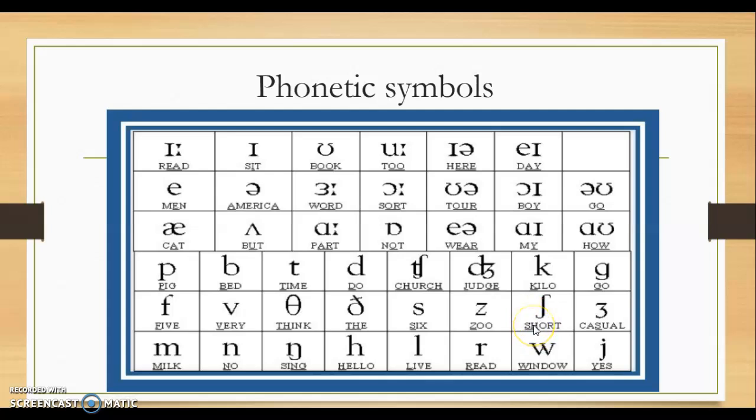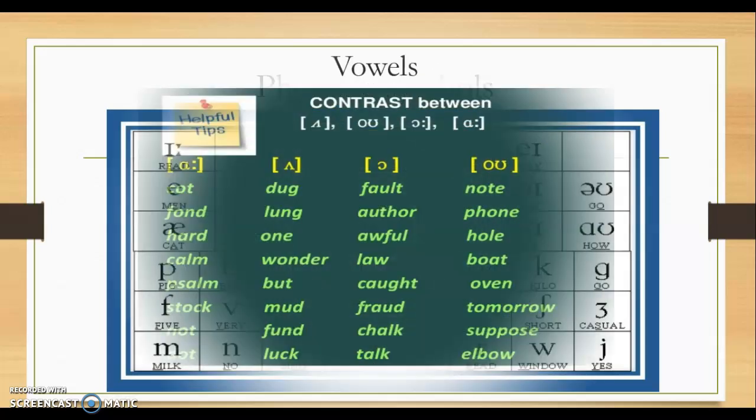You have to make that sound. Short. Okay. Take into account the symbols, the odd ones, or those which we didn't know until today. Okay. This is just a review of all the symbols we're going to be learning today.